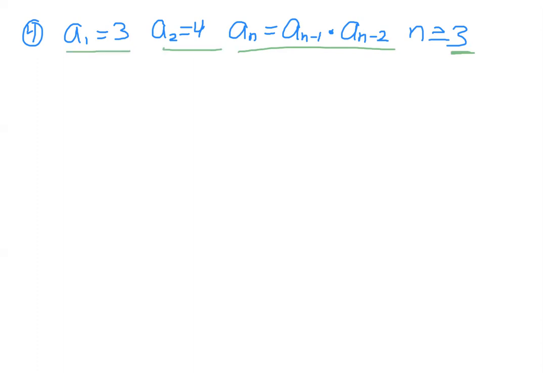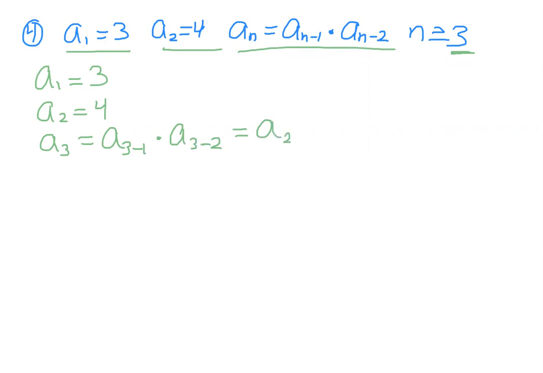For n equals 1 and n equals 2, it's been defined for us. So a1 equals 3, a2 equals 4, a3 equals a3 minus 1 times a3 minus 2, which is a2 times a1, and a2 is 4, and a1 is 3, and so we get 12.